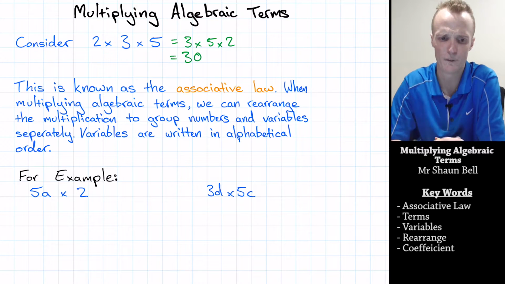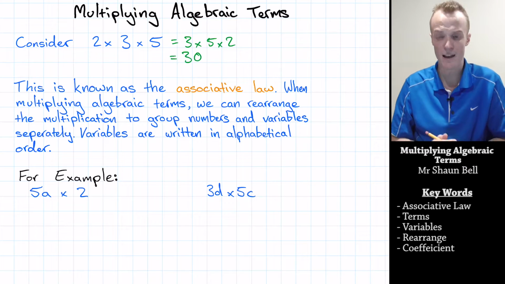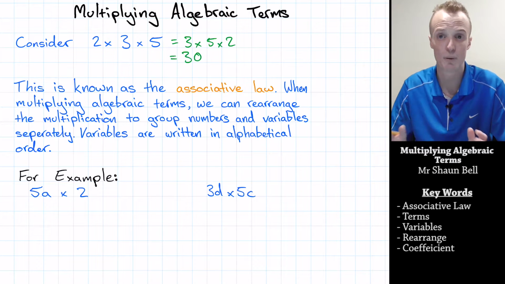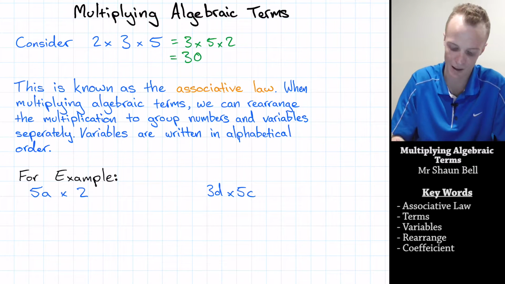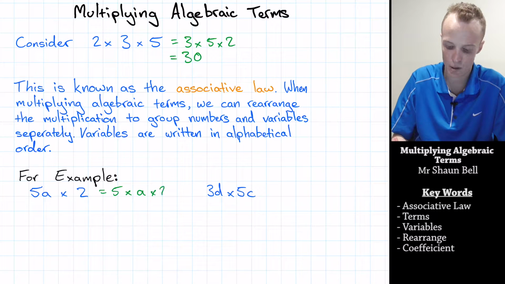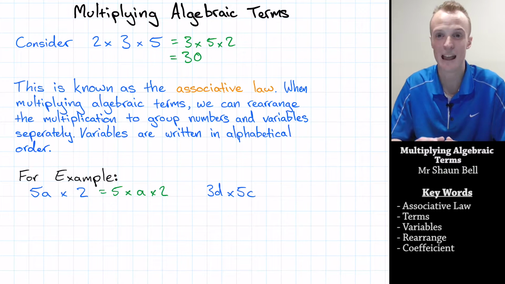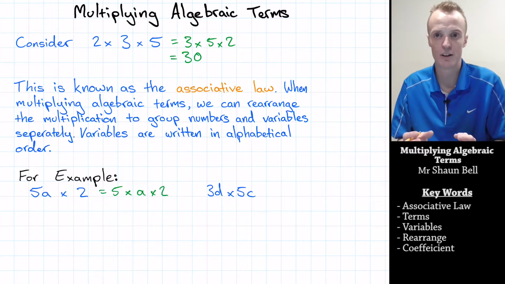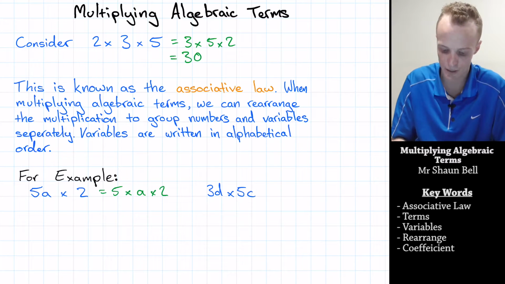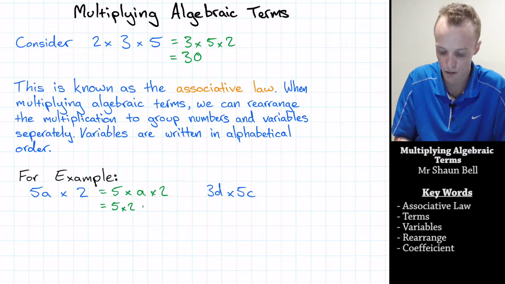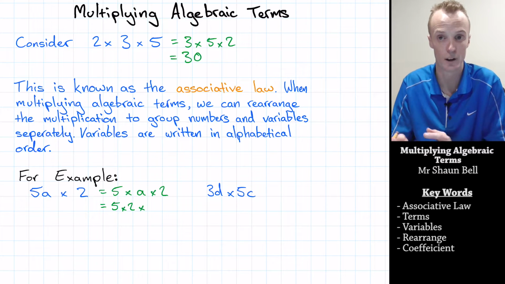So for example, in the first problem I've got here, 5a times 2. This problem can actually be written as 5 times a times 2. And because I'm multiplying everything together, I can rearrange this in whatever order I'd like. So let's rearrange it by collecting the numbers together at the start. So that's going to be equal to 5 times 2 times then just the variable of a.